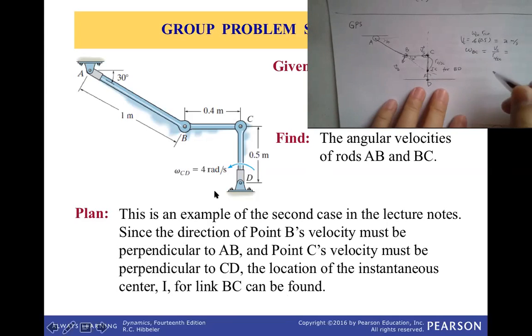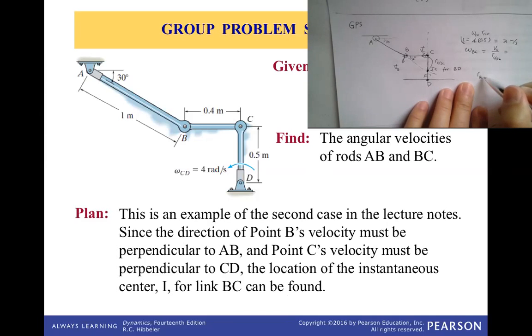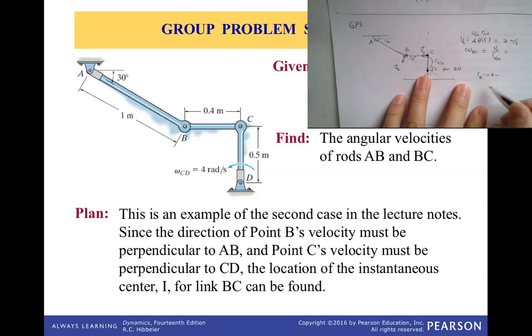So if RBC is equal to 0.4 meters, then R of C to IC would be 0.4 meters times tangent of 30, okay? So if you do that, this is going to be equal to 0.231 meters, all right?